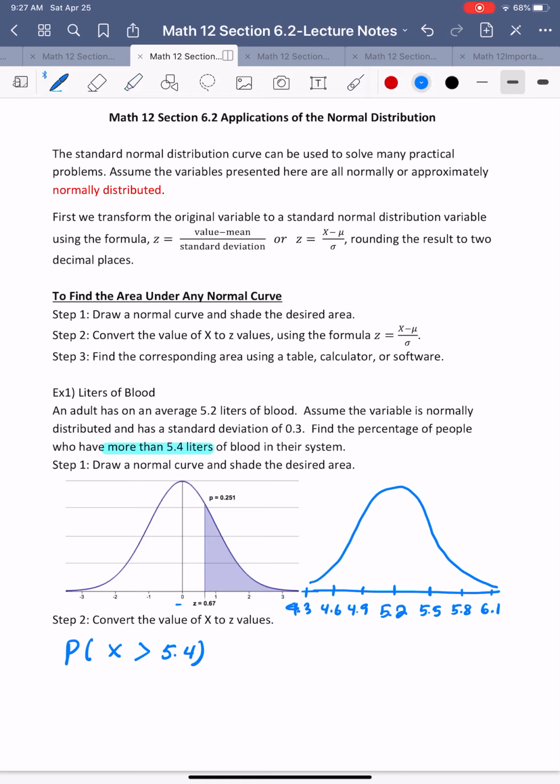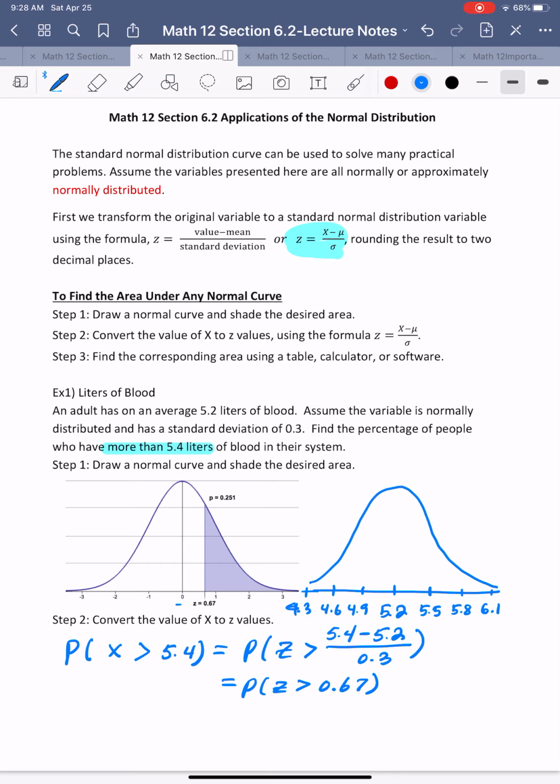And then in order to convert to the z value, we have the probability of z, and the formula was, we are using this formula: x minus mu, which is 5.2, divided by sigma, which is 0.3. And then if you simplify that, you get z is greater than 0.67.